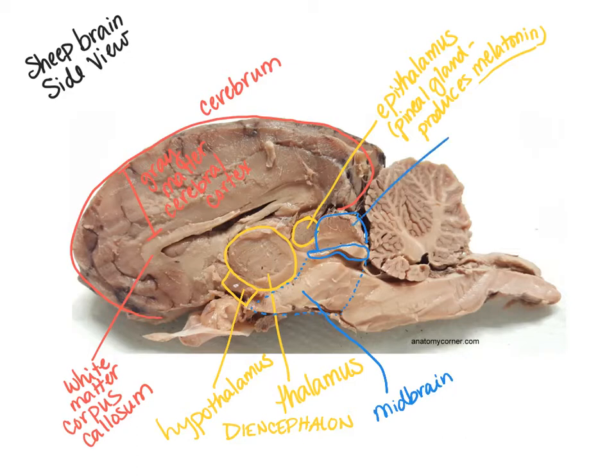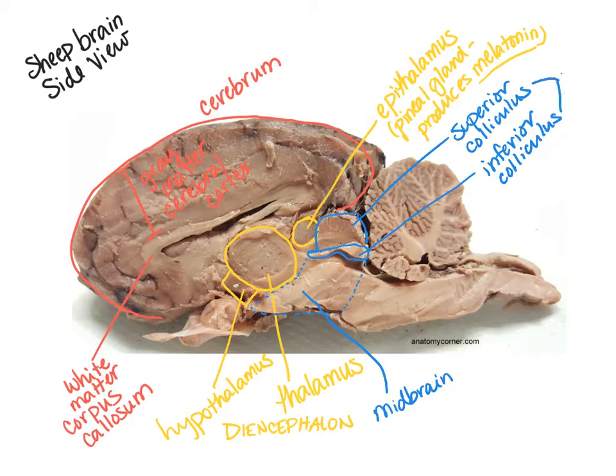This top bump here is called the superior colliculus. And the bottom one is known as the inferior colliculus. And the plural for these words is colliculi. So more than one colliculus are known as colliculi.